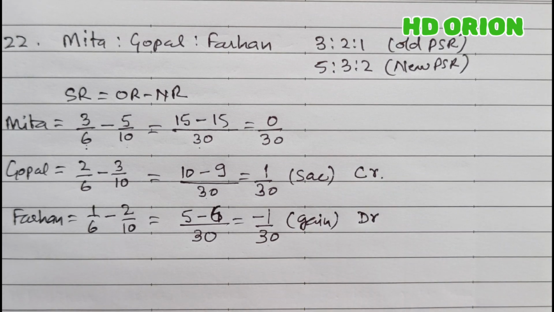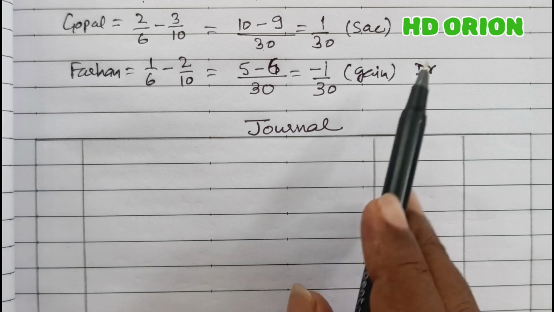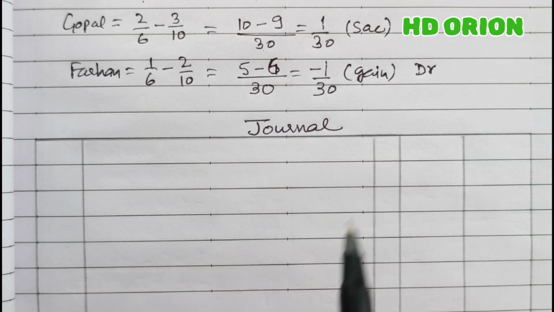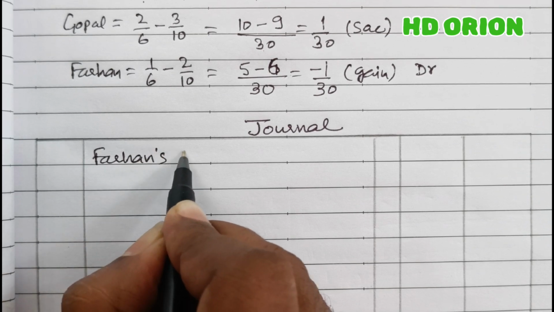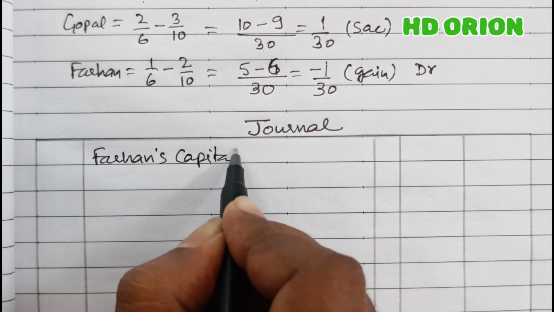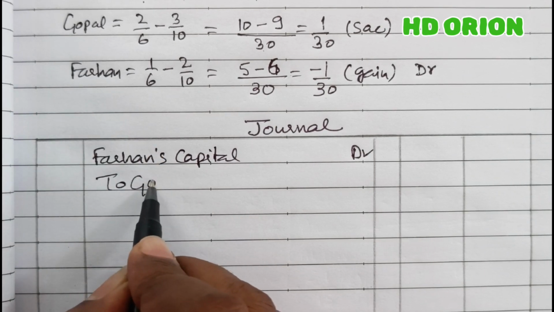Now let us see the journal entry. First we will see the journal entry related to treatment of goodwill, in which Farhan's capital account is to be debited. Farhan's capital account debited to Gopal.